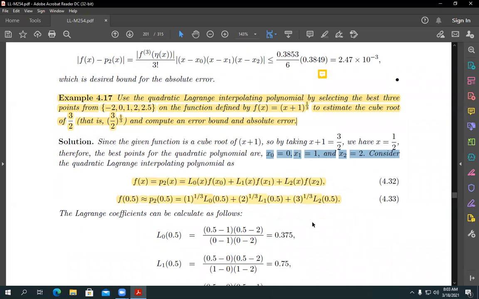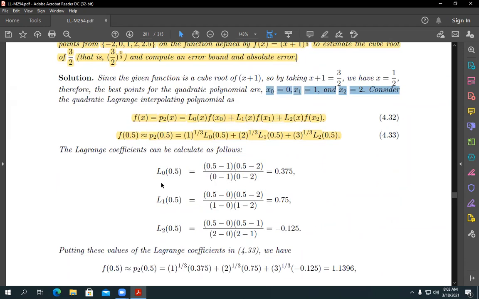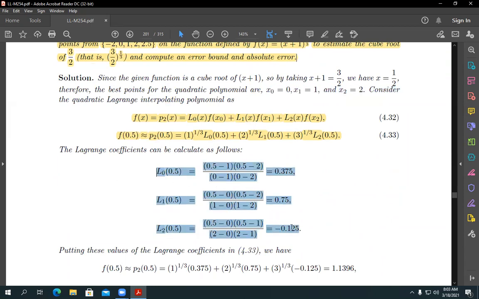This means the only things you need to calculate are L0(0.5), L1(0.5), and L2(0.5). You already know the formula, and when you simplify, inshallah, you will get them. Before you use the values of L0, L1, and L2 in the main formula, you can check that the sum of L0, L1, and L2 should be equal to 1.